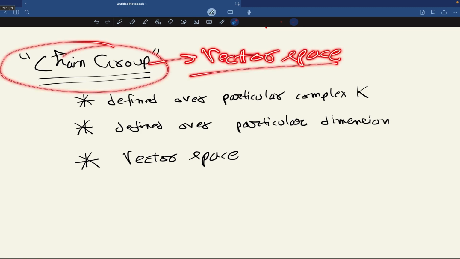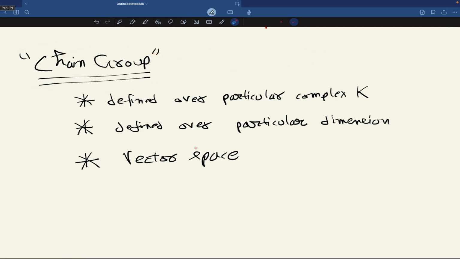And we know that in any vector space we must have some basis over which we can generate the vectors, right? So if I take a particular complex K and a particular dimension, let's say small k, what will be my basis? Those bases will be my k simplices.